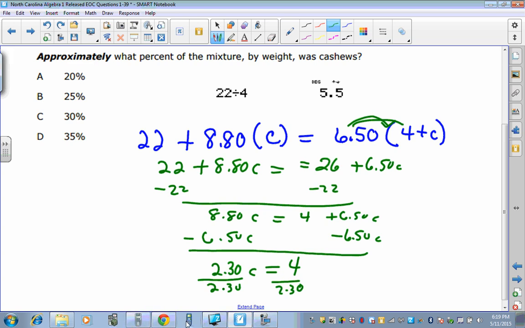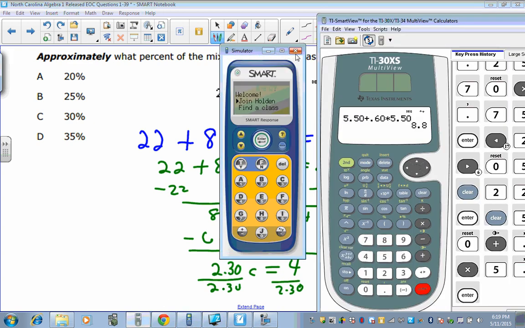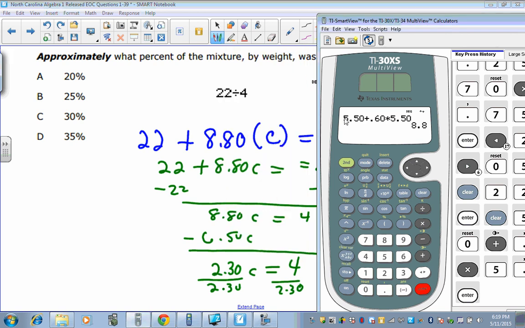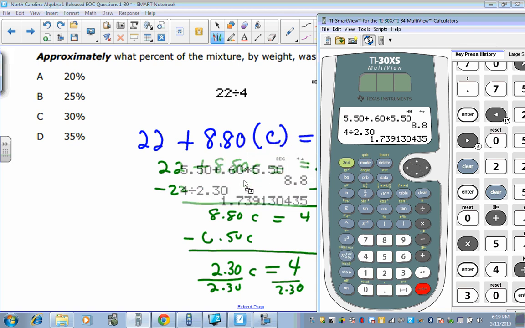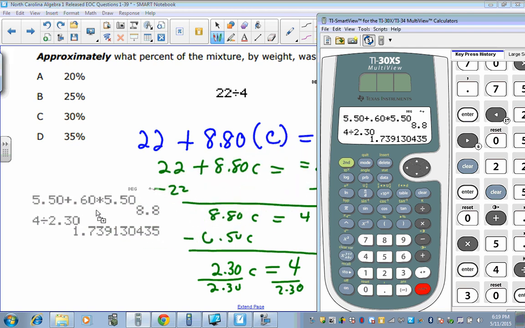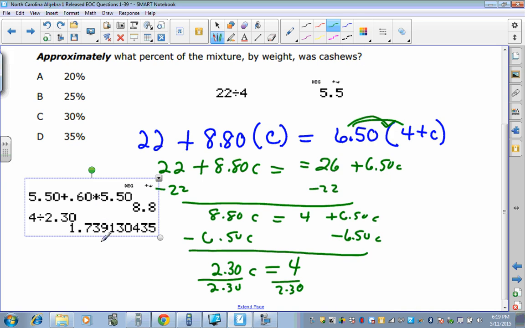So on our calculator, I pushed the wrong button. 4 divided by 2.30. Okay, so he bought 1.73 or 1.74 pounds of cashews.